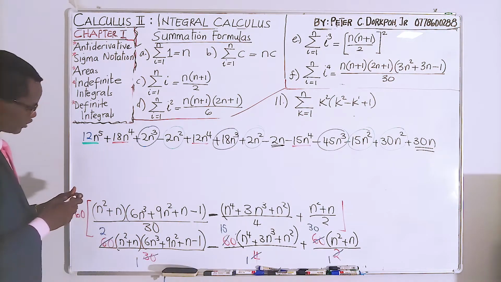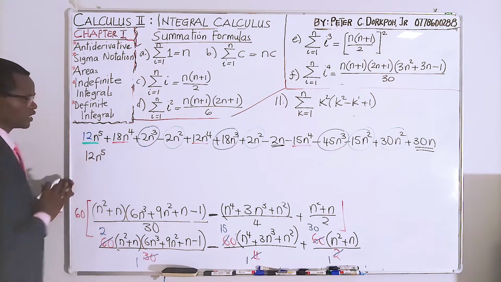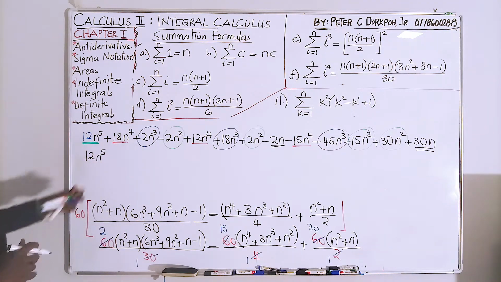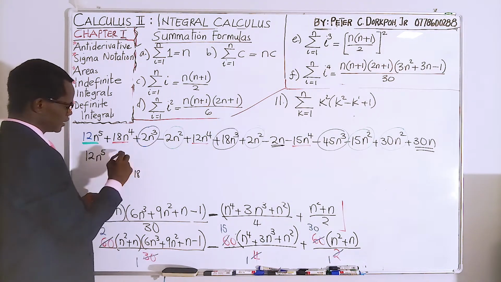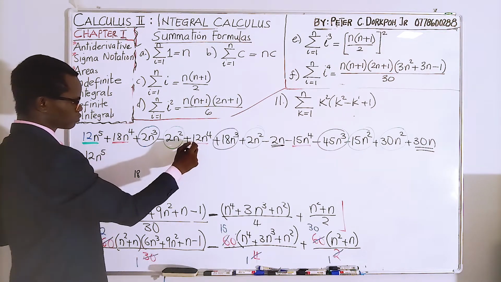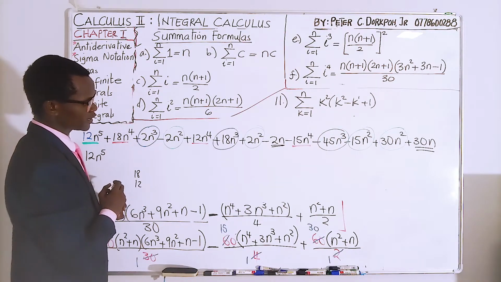So let's do it now. The first one, 12n to the fifth, we write 12n to the fifth down. It has no other like term. Move to n to the fourth. So you have 18 minus 2. Let's say minus 18 plus 12, they are like terms. What else again?